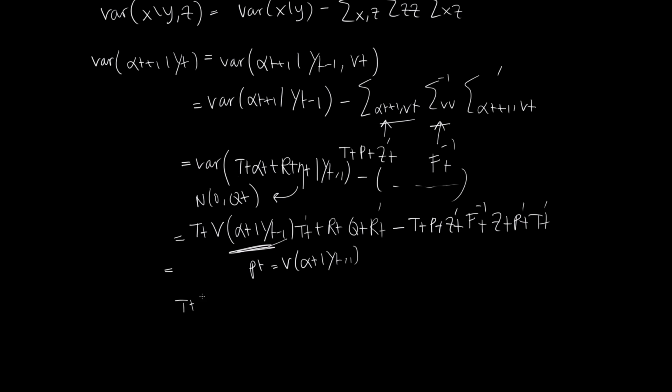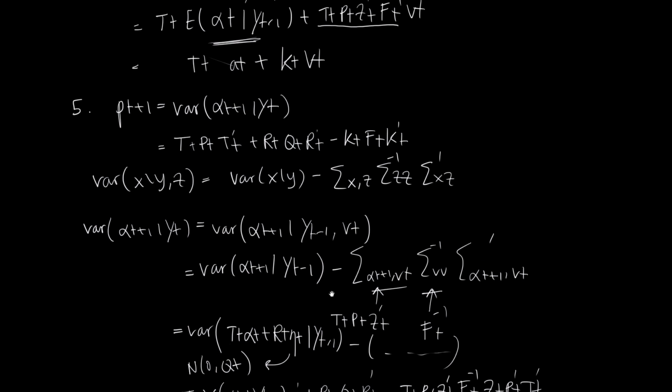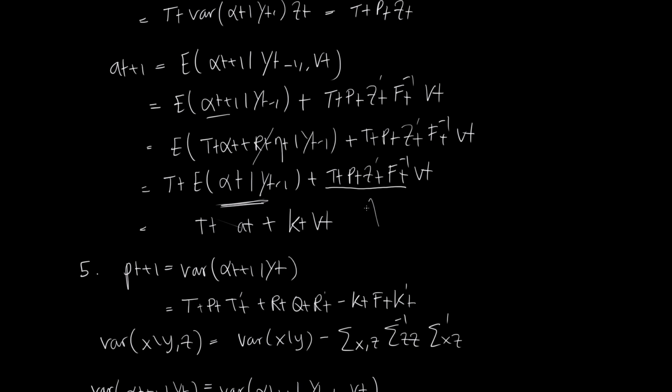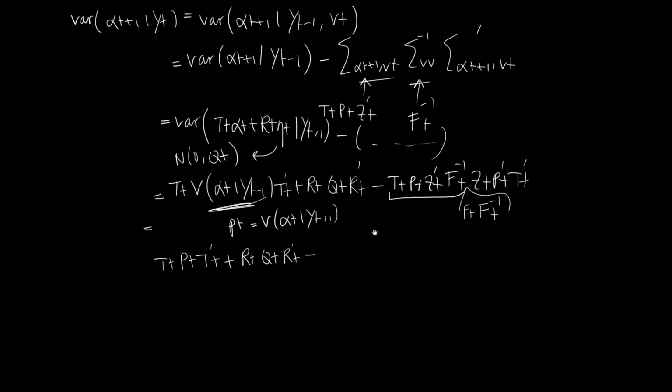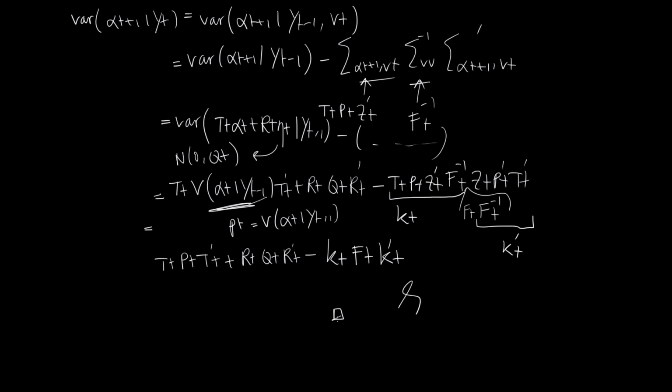So we find T_t P_t T_t prime plus R_t Q_t R_t prime minus, and now if we plug in an F_t here and an F_t prime as well, you see that this is exactly the Kalman gain described here, and here we have another Kalman gain but then primed, and we find exactly minus K_t F_t K_t prime, which is exactly the fifth and last equation.